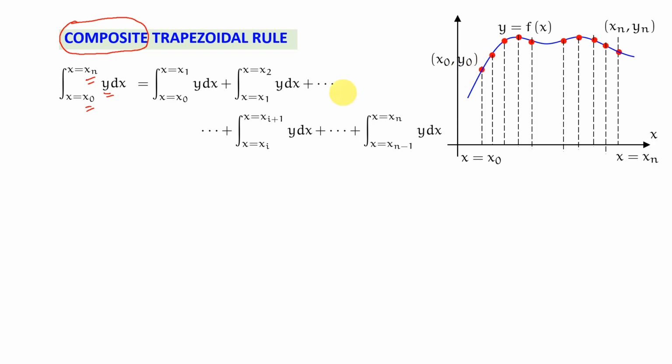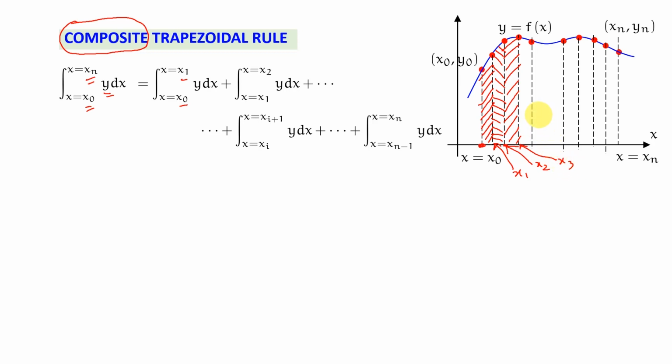So for example, I have this x0 to x1, so I have x0 here, and then I have x1 here, and first I conduct a trapezoidal rule integration within this x0 to x1 region. Then I have another trapezoidal integration between x1 and, let's say, this is my x2 here. Then I conduct between x2 and x3 here.